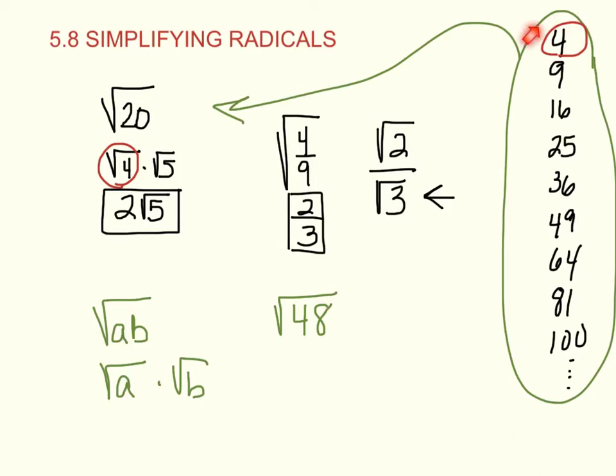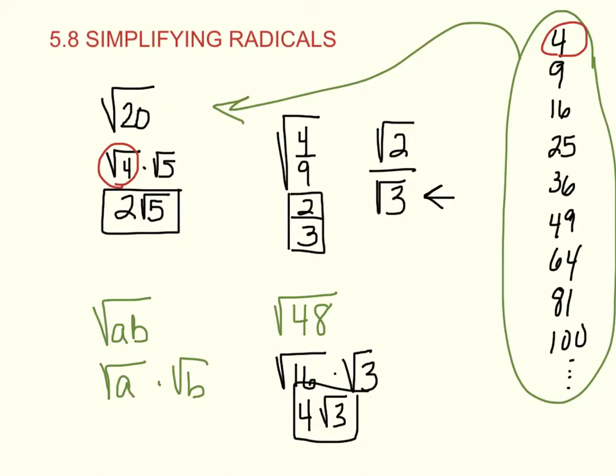A lot of you would say 4. 4 goes into 48, but that is not the biggest perfect square. 16 is the biggest perfect square that is a factor of 48. So you break 48 into the square root of 16 times the square root of 3. The square root of 16 becomes 4, and the square root of 3 comes down. So your answer would be 4 square root of 3.